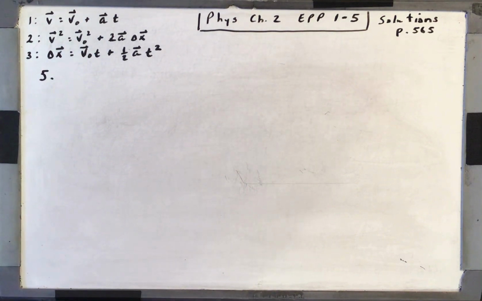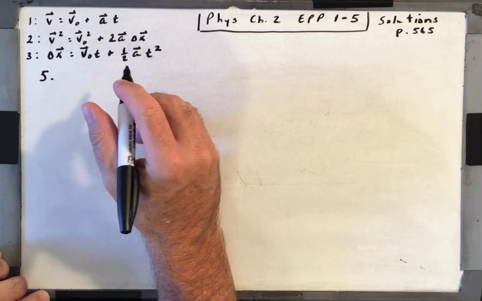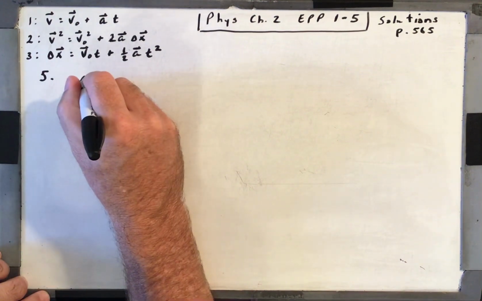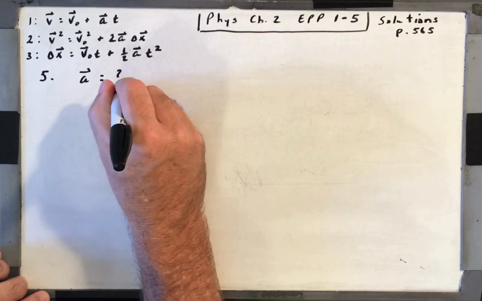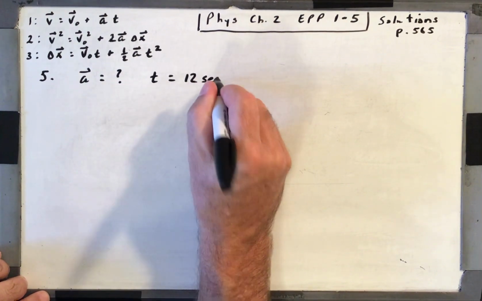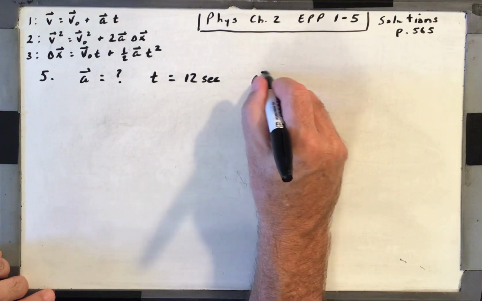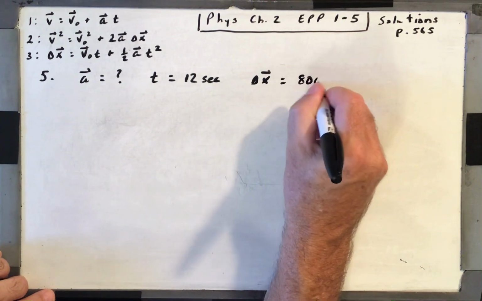All right, so I see we're going to have to make a conversion here. We want to know acceleration. We know time is 12 seconds. You want to always write all this out on a test to get partial credit. Displacement is 800 feet.